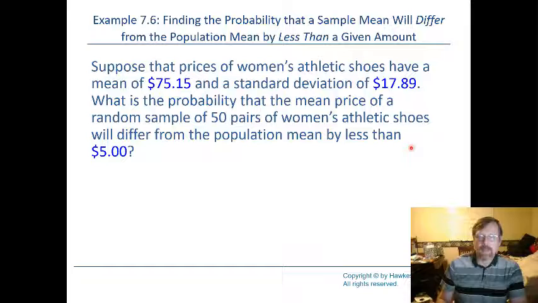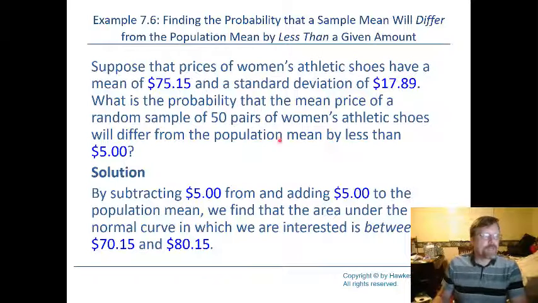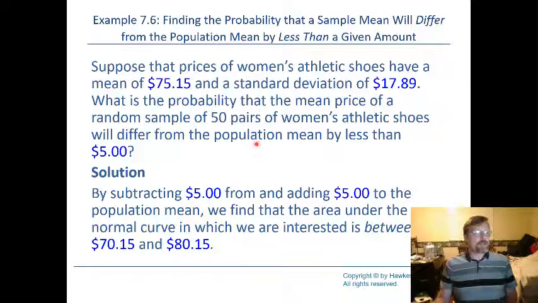Okay, so they've added a bit of complication. Again, we're not given the limits exactly. We're wanting plus or minus $5 here, right? So we need to subtract and add $5 from the population mean. So what we're interested in is the range between $70.15 and $80.15.